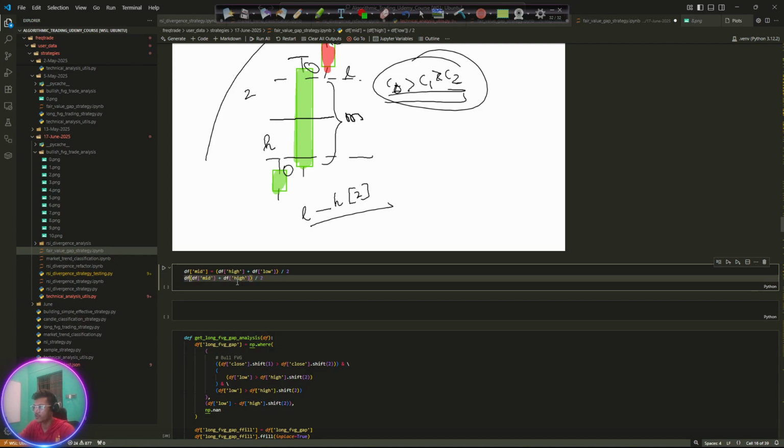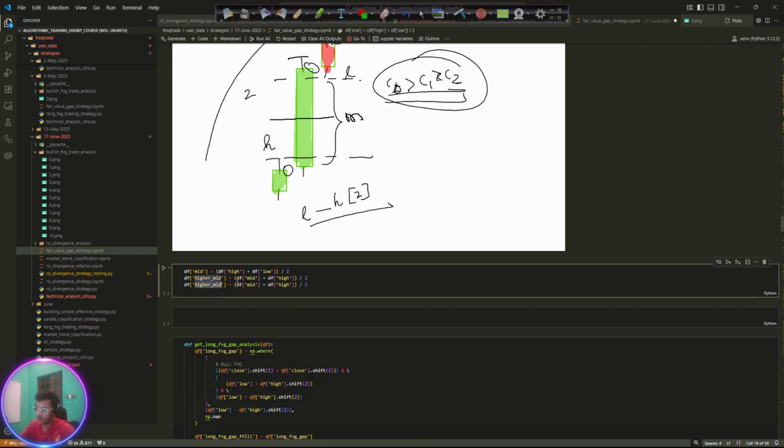That's going to be your one fourth mid. Let me actually just name it higher mid. And here we're going to have lower mid, mid plus low by two. Okay, so imagine half here, and we can go ahead and take the half of that as well.